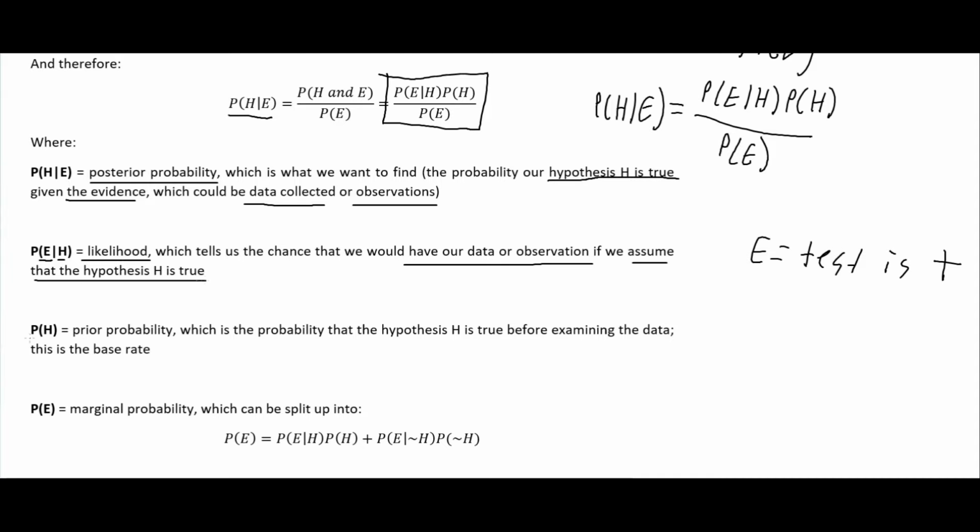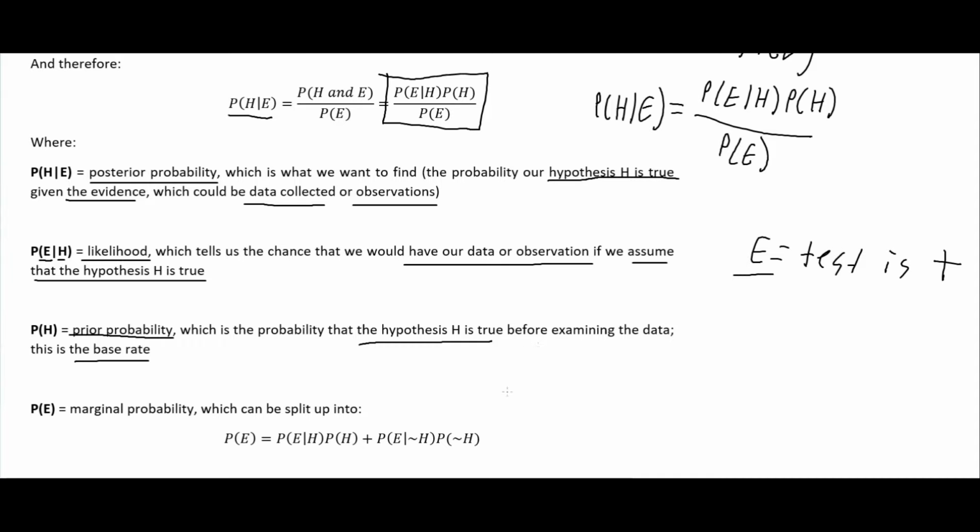And then P of H, the probability of H, is what's called our prior probability. This is the one that people often discount, but it is the probability that the hypothesis H is true before examining the data, before we look at E. This is what's called the base rate, which I've already touched on in previous videos. In the above example, this would be the prevalence of women having breast cancer among the entire population.